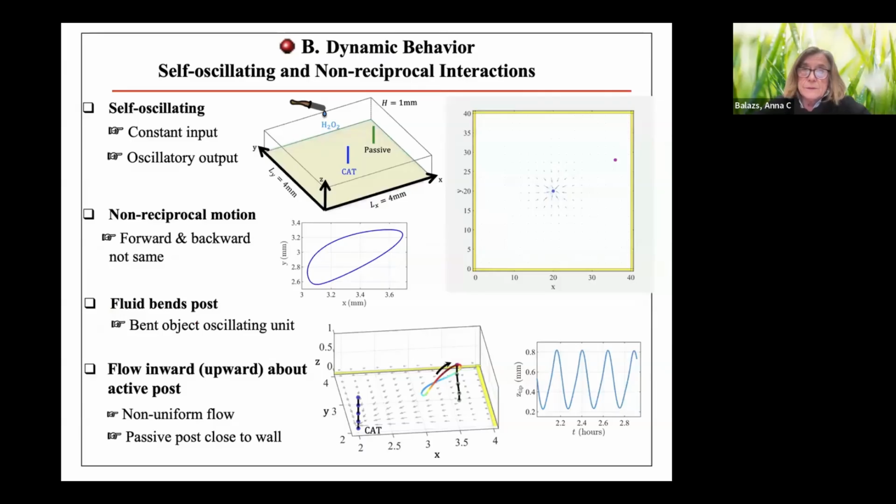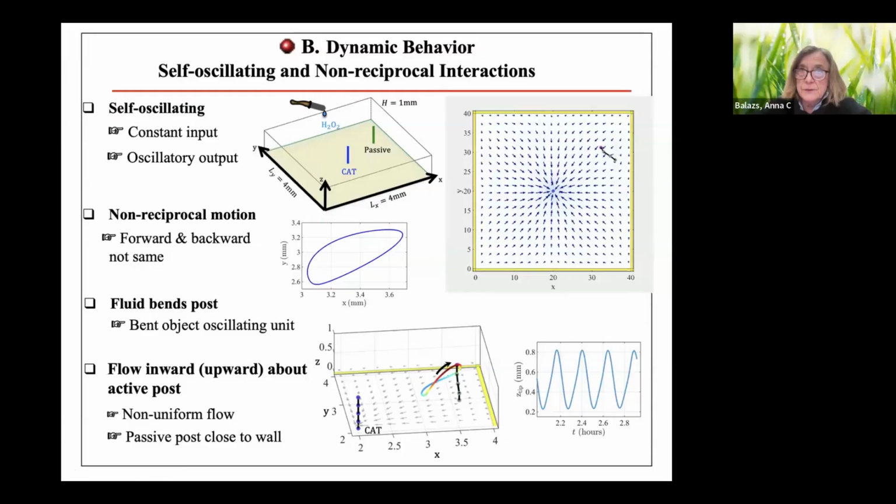Now that was really fun for this steady state, but the dynamic behavior of these systems is also really fun. So I'm going to have the catalase, and I'm going to add hydrogen peroxide, and I'm going to have one passive pillar. It's not coated with anything, just one passive pillar. Then I get this really beautiful motion, and it looks very much like the nodal cilia.